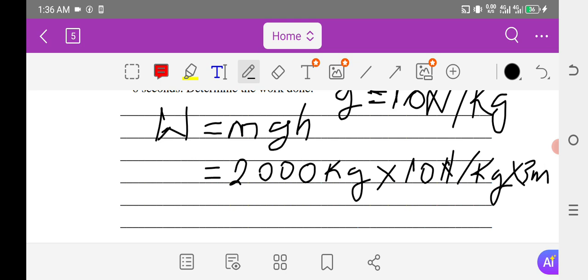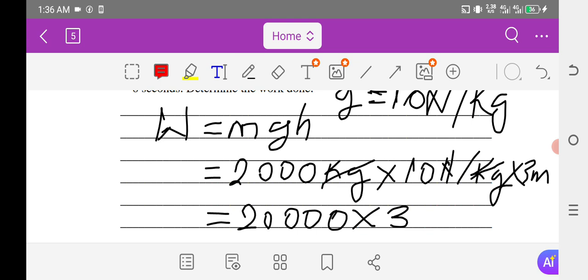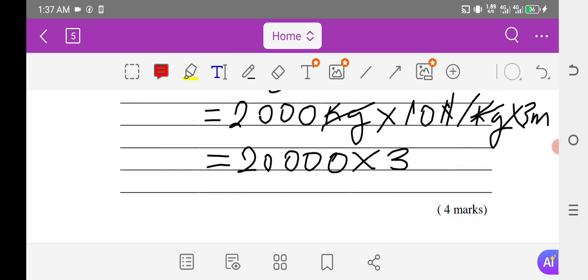The kgs are going to cancel out, so that effectively our work done is 2000 times 10 is 20,000, then multiplied by 3, which gives 60,000.